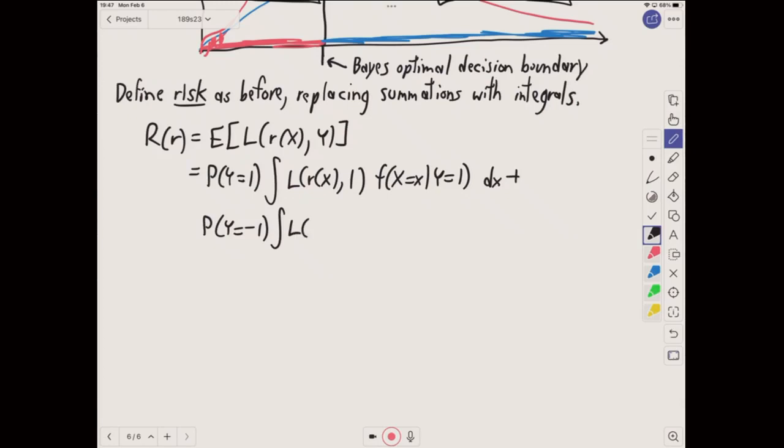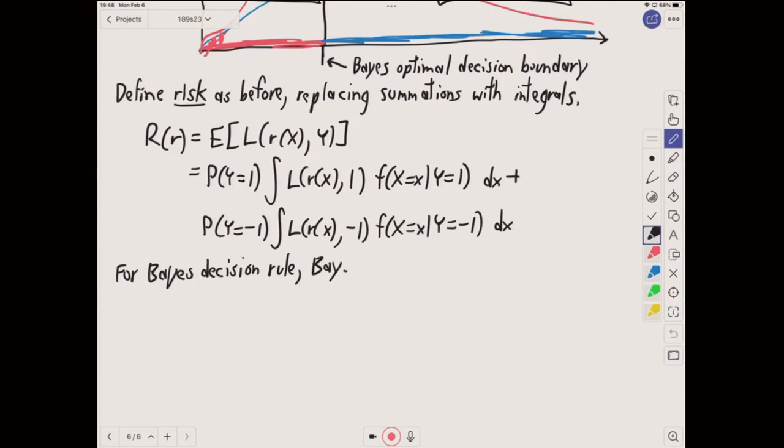But again, the summations are becoming integrals. And we can even write out the Bayes decision rule explicitly, albeit in a slightly confusing form, I guess. When we are computing the Bayes decision rule, the Bayes risk is going to be the area under the minimum of the two functions above.